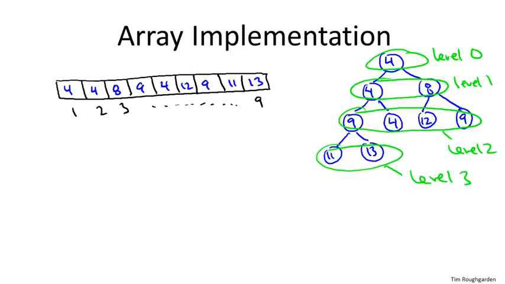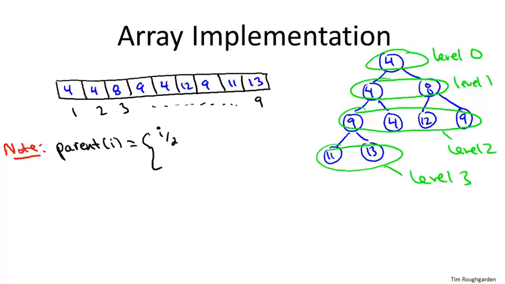So let me be a little bit more specific. If you have a node in the ith position, and I'm assuming i here is not 1, right? So the root does not have a parent, but any other object in position i does have a parent. And what the position of that is depends, in a simple way, on whether i is even or odd. So if i is even, then the parent is just at the position i over 2.